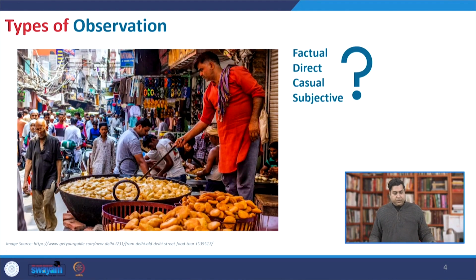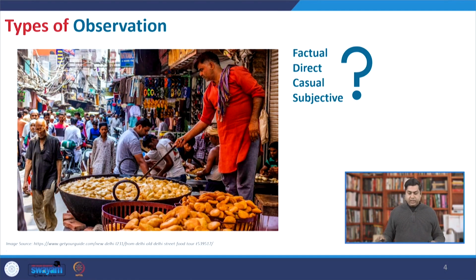Now, types of observation. In this particular case, I have just taken one random photograph from the internet, and this is the photograph. So, for example, if we try to understand what are the components that we can observe, it depends on the observer or the intended purpose.